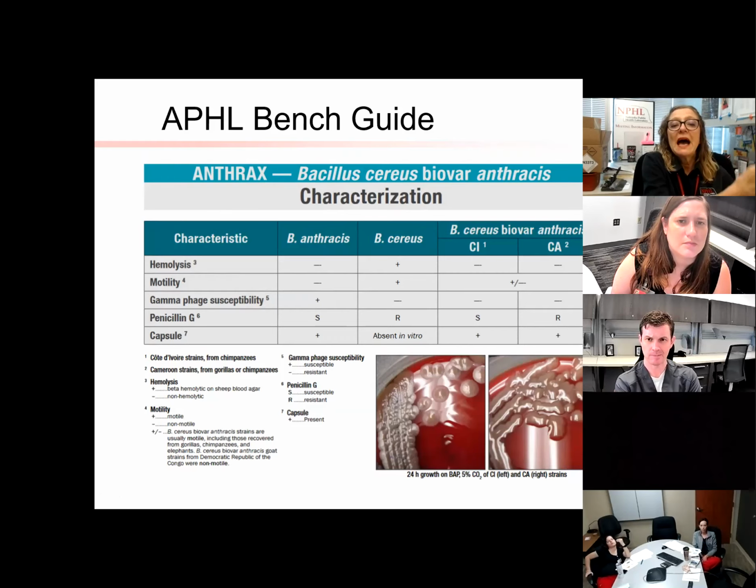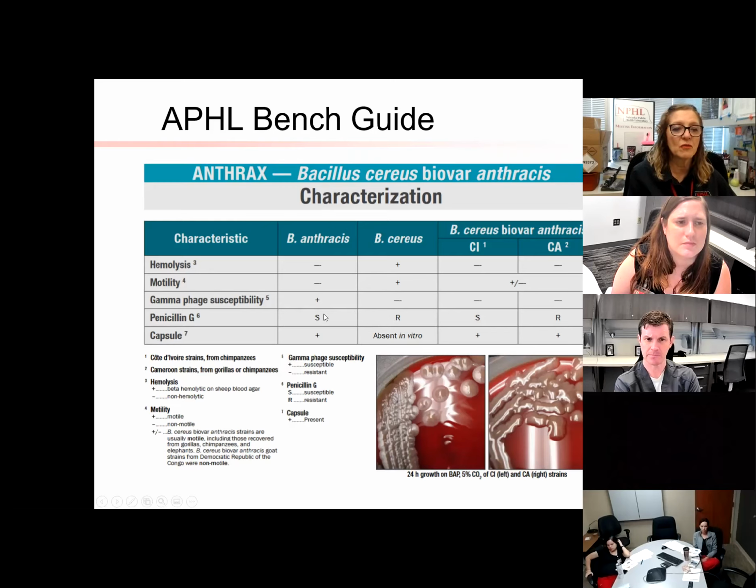So that blows out our whole theory that you can rule out Bacillus cereus, because you're still thinking it's a possible Bacillus anthracis. You still have to do the motilities, and they're not going to help in the rule out.